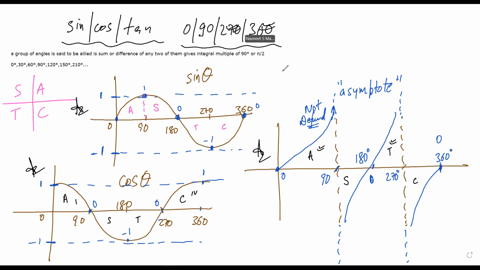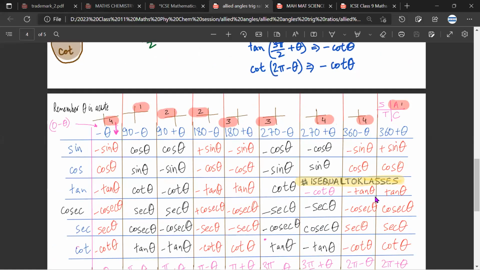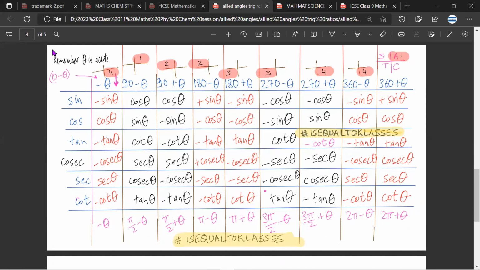No. Okay. So what have we discussed till now? What we have discussed is that these are the allied angles. Second thing that we discussed was that these are 54 values, and the first job would be to prove how this table is constructed.